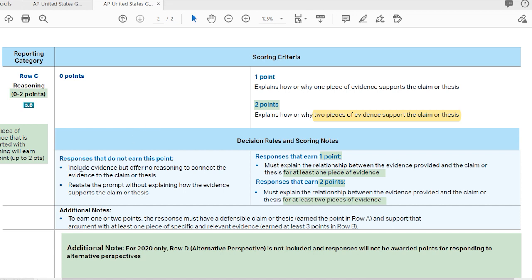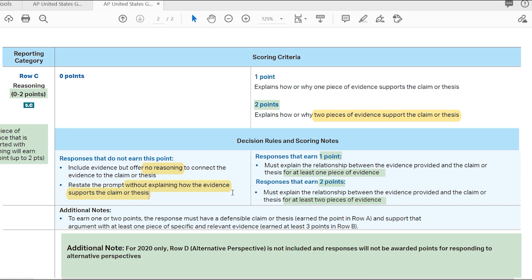Okay, responses that don't earn the point include evidence but offer no reasoning to connect the evidence to the claim or thesis, or they restate the prompt without explaining how the evidence supports the claim or thesis. So I have taught it's okay to restate the prompt as a way to stay on course in your thesis statement, provided that you follow it up with what your assertion is and with a line of reasoning attached to that.